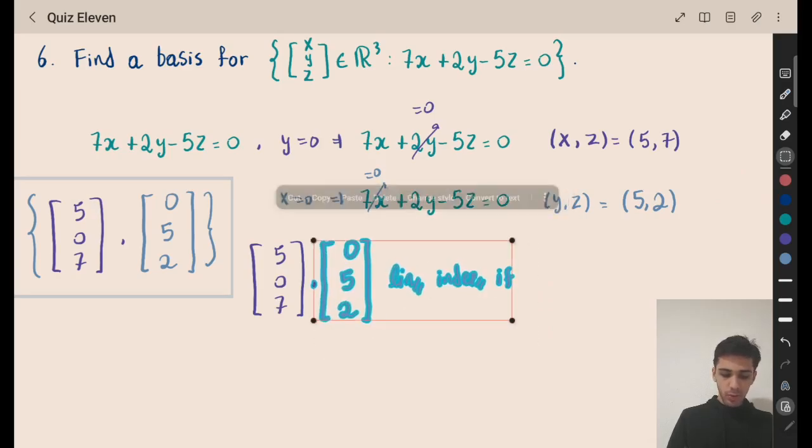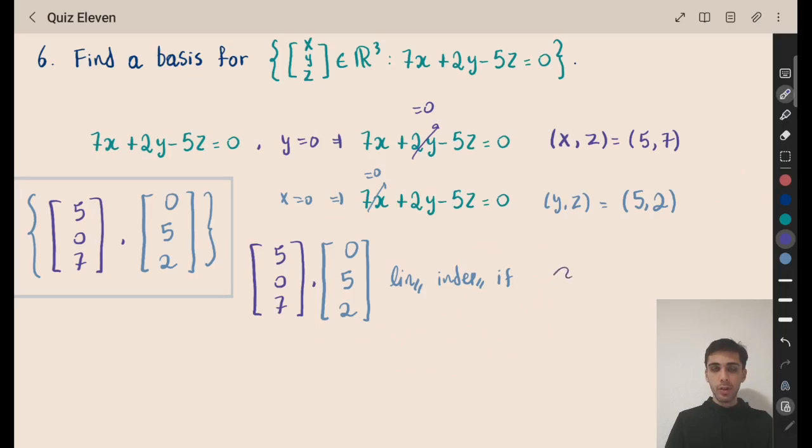I won't write the full formal rigorous definition, but I'll just give an example. So let's say this is the purple one, this is the blue one.